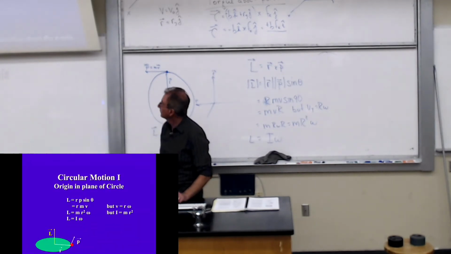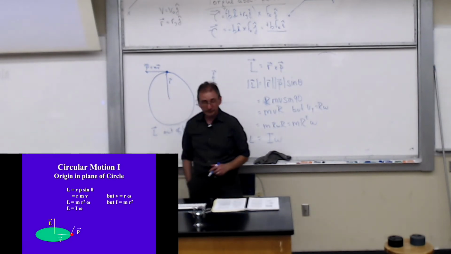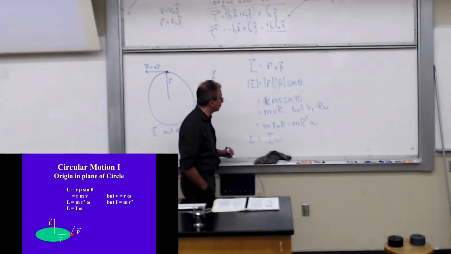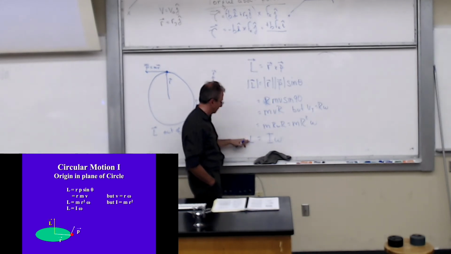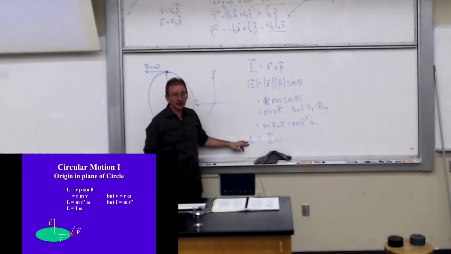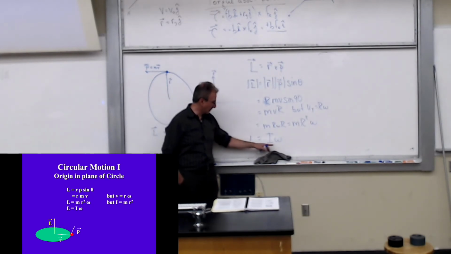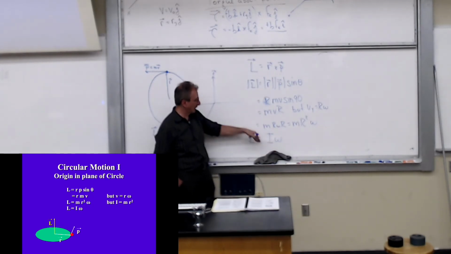So we can write the magnitude of the angular momentum this way, but if we know I, we can write it as I omega. But this only works when this is parallel to this. If it's not, then you can't write this down.